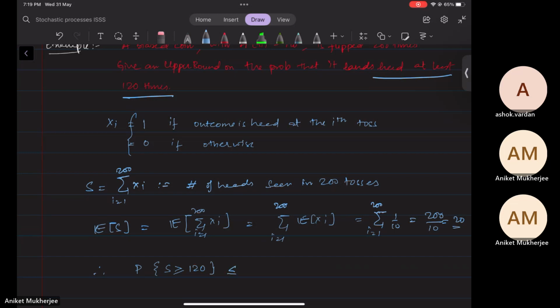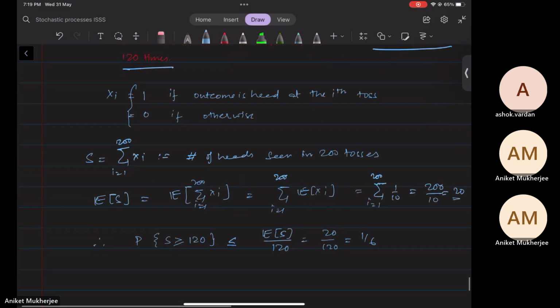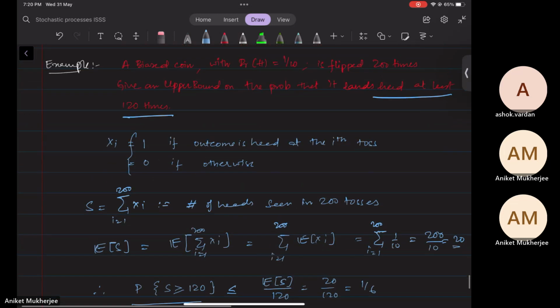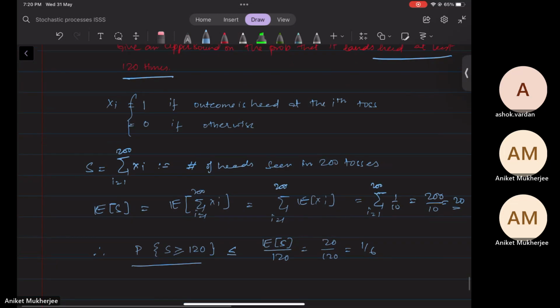From the Markov inequality, this is less than or equal to expectation of S by 120, which is equal to 20 by 120, equal to 1 by 6. So an upper bound on the probability that it lands head at least 120 times is 1 by 6. This is how you use Markov inequalities to get upper bounds on probabilities. We'll see more of this later also.